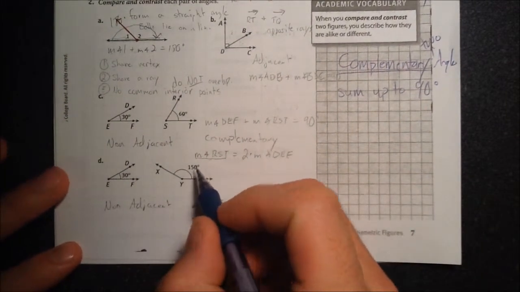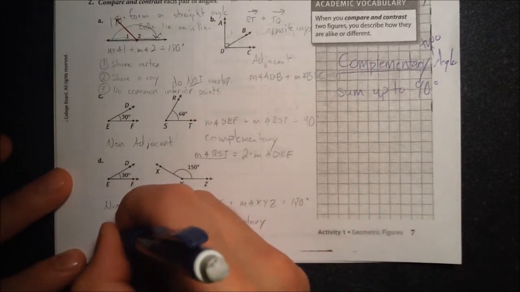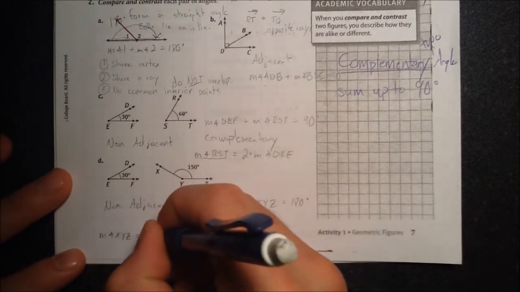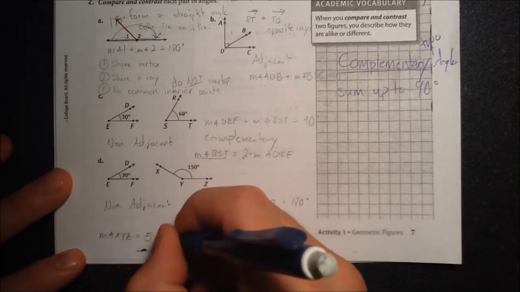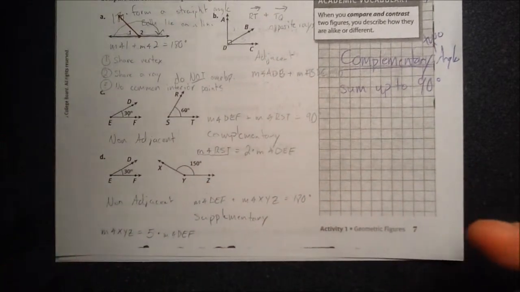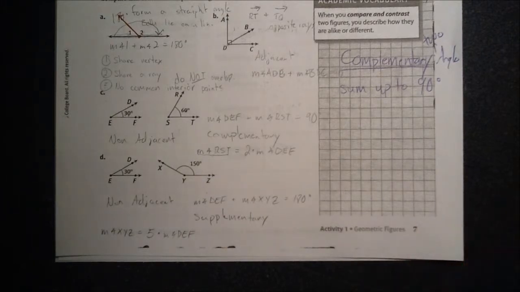We can go beyond that too, since we know this is 30 degrees and that's 150. I can say that the measurement of angle XYZ is equal to 5 times the measurement of angle DEF. So there's an equation that gives a little more detail about the properties of these two angles.